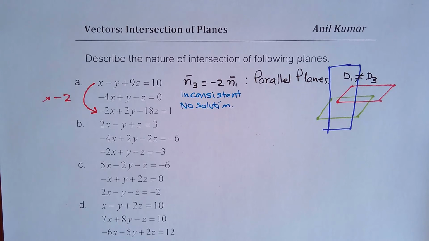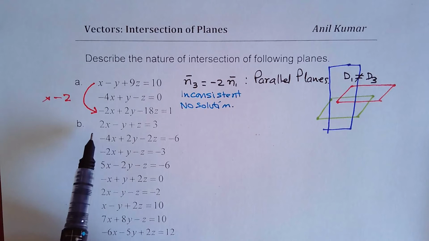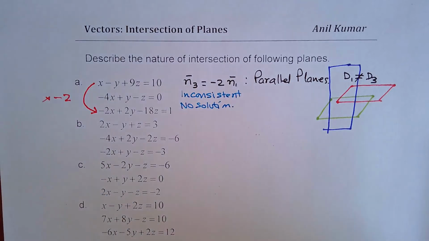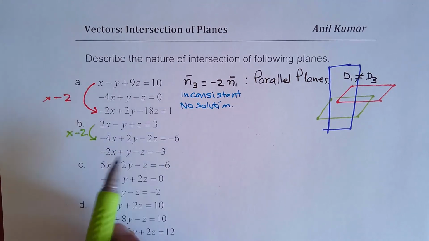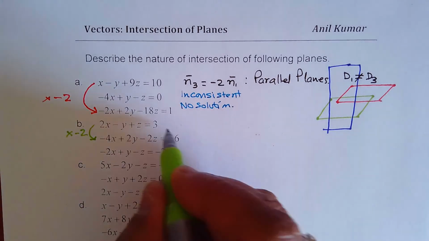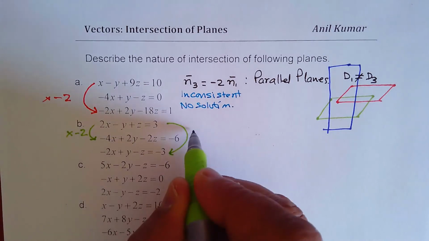Now in this case, what do we observe? Here you see that if I multiply equation 1 by minus 2, I get the complete second equation. And the last equation I could get if I multiply equation 1 by minus 1.